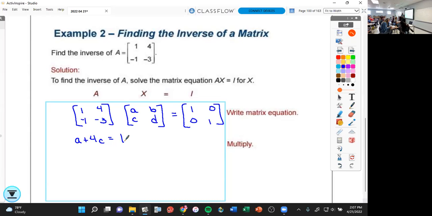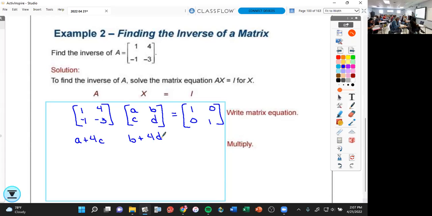We're making a matrix. I'll turn it into equations in a minute. Right now we're just multiplying. I'm getting ahead of myself. Now let's do row 1 times column 2. B plus 4D. Oh my God. I'm sorry. Okay.